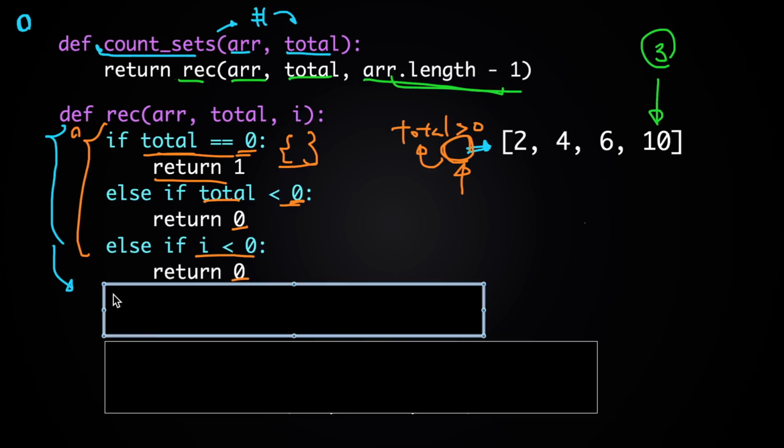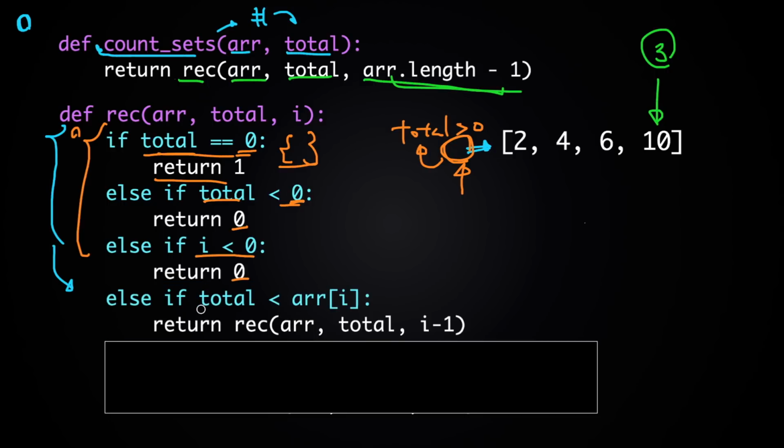The first recursive case that we need to deal with is when total is less than r[i], or the last item that we're examining. So for example, if i is equal to 2, we'd be examining this item. 6 would be the value of r[i], and if the given total here is, let's say, 4, there would be no way of finding a subset out of these 3 elements that add up to 4, which includes the current item, 6.